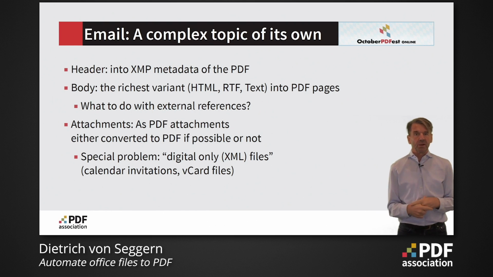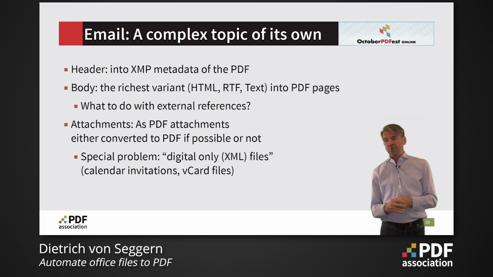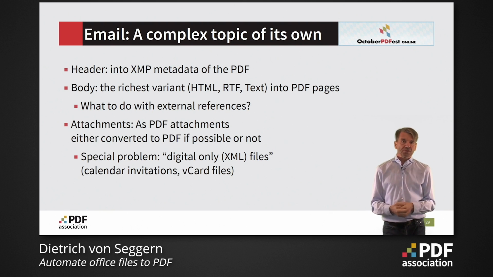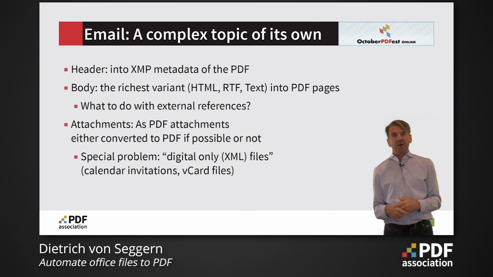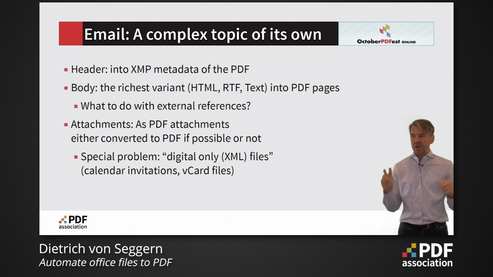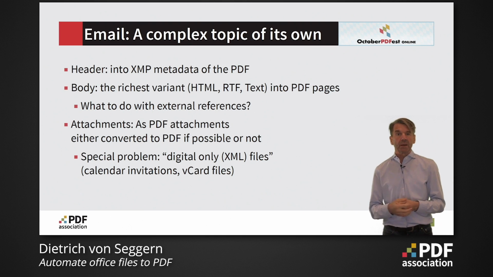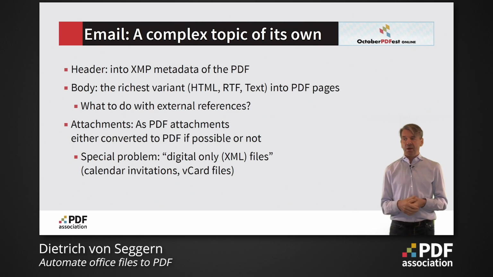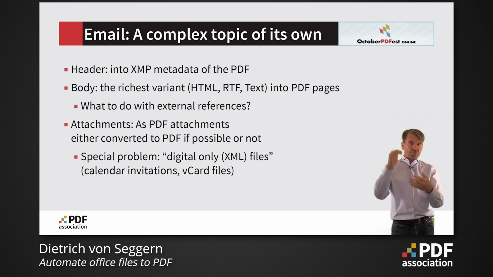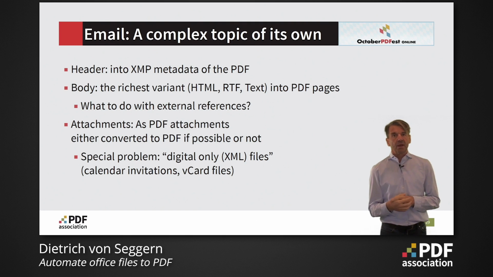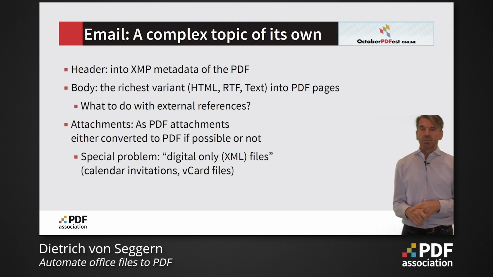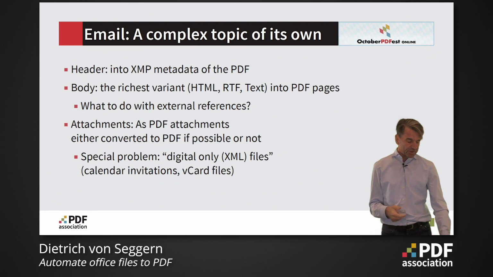So there are several things to take into account here. And then one thing I want to mention: there are certain attachments that have a special meaning when they are exchanged via email, for instance calendar invitations or vCard files. And of course, for an XML file, you could just create a text XML rendition of it, but usually that is not what you want to see.